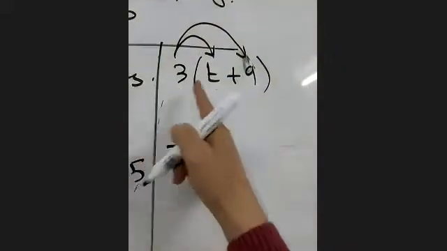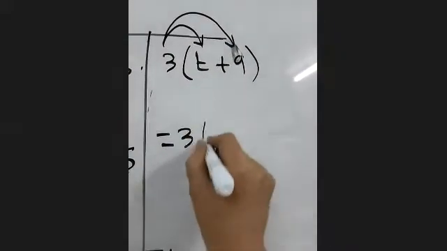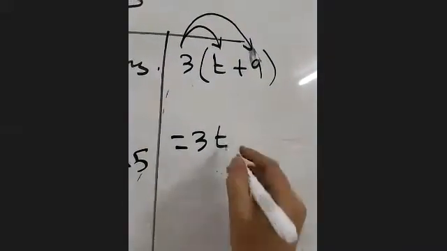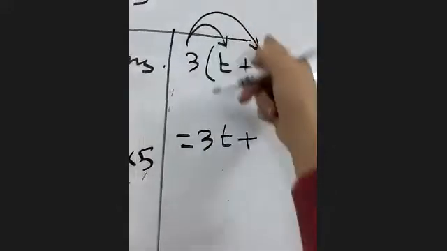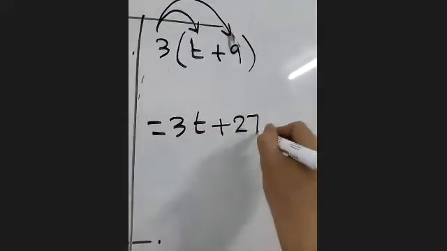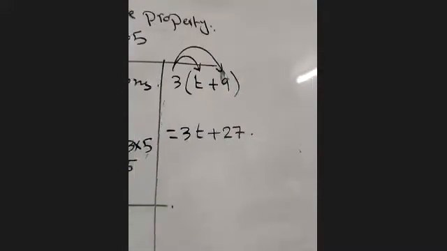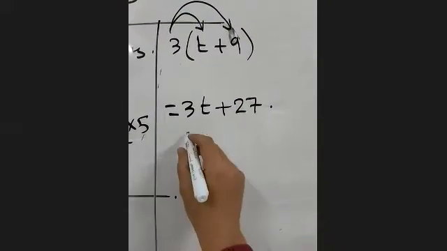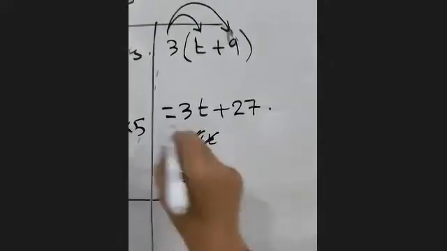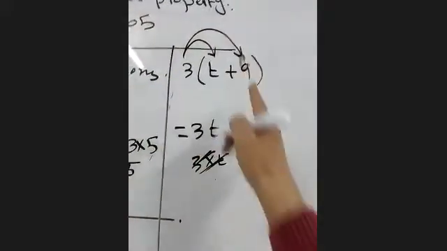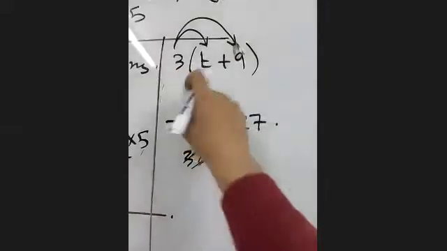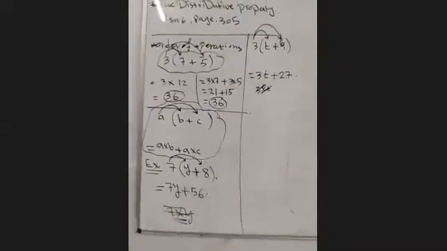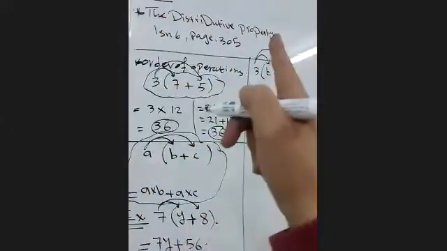It will be 3 multiply t, 3t, plus 3 multiply 9, 27. Only. 3 multiply t, 3t. Do not write 3 multiply t like this. No. 3t directly. 3 multiply 9, 27. And the brackets are gone. This is the idea of how to deal with the distributive property.